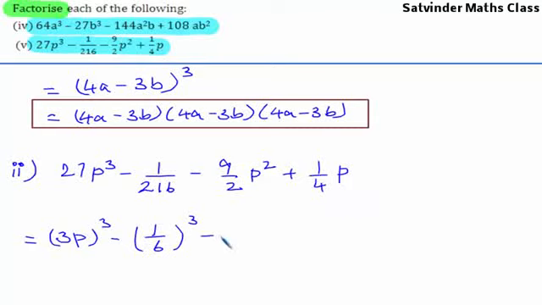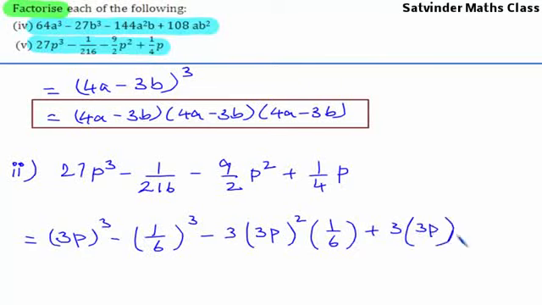We will get minus 3 into, let us put a square as 3p whole square into 1 by 6, plus 3 into a, which is 3p, into 1 by 6 whole square. If you simplify this expression, you will get 9 by 2p square, and if you simplify this one, you will get 1 by 4p.